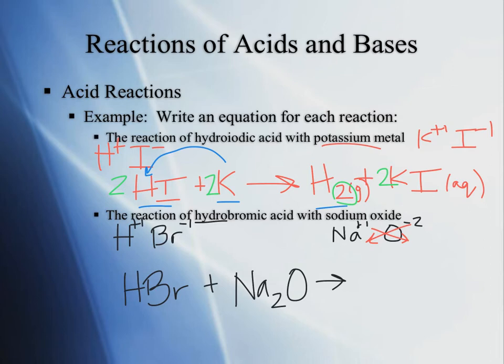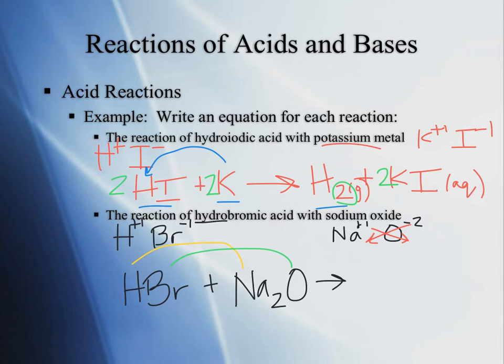Now, if you memorized that anytime you have an acid and a metal oxide, you make water and a dissolved salt in the end, that's great. But like I said, if you haven't memorized that yet, or you don't think it'll stick, just use our rule for double replacement: switch the metals with each other, switch the non-metals with each other.